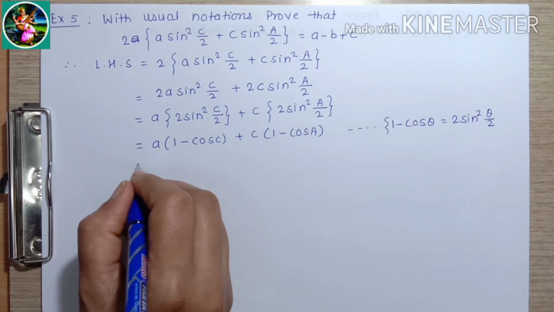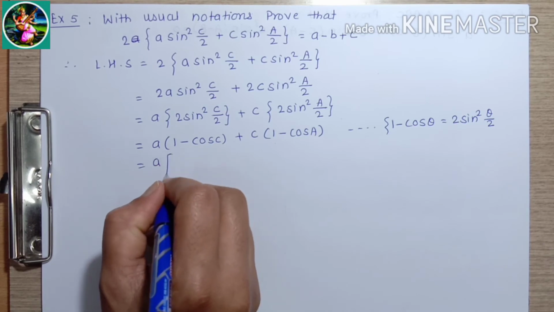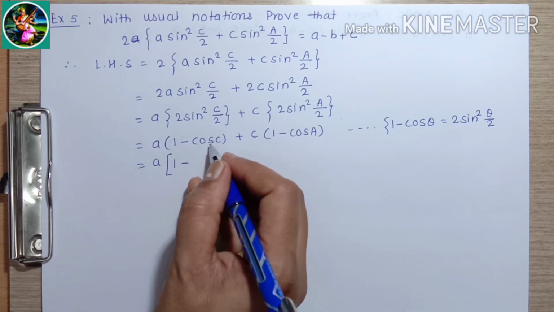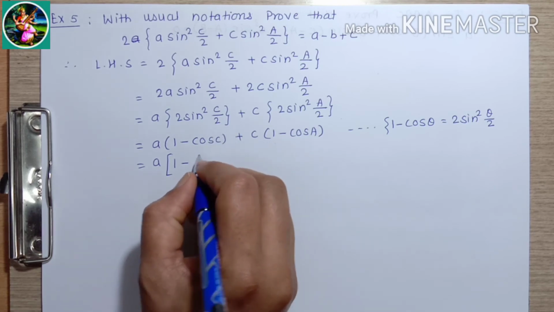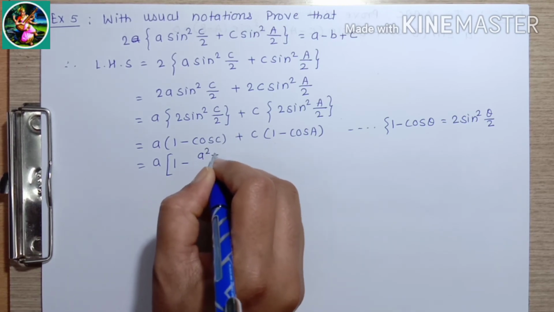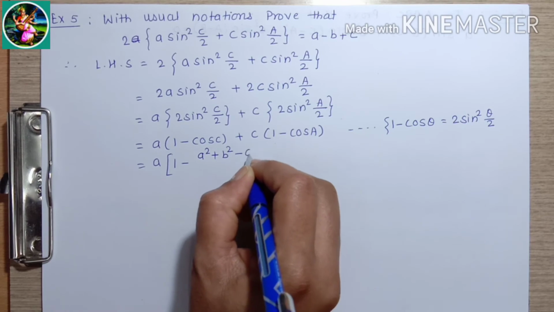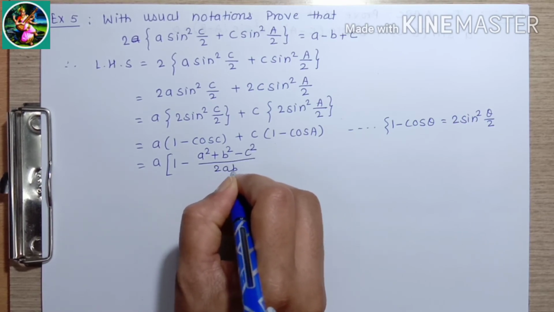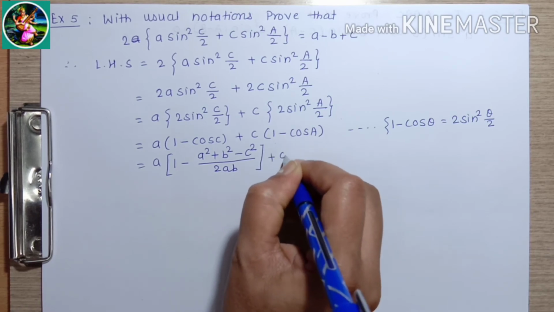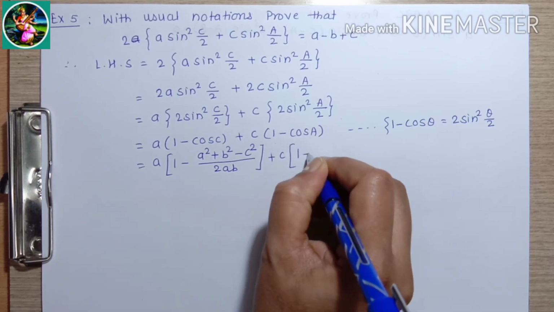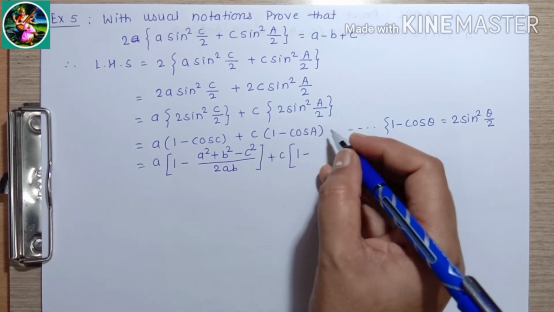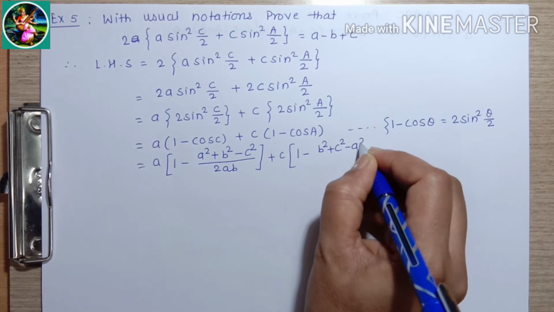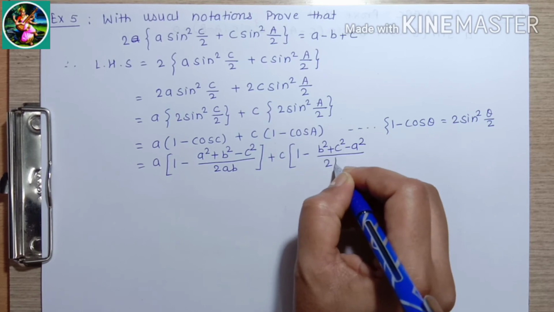Okay, therefore that is A into bracket 1 minus, by cosine rule here we substitute the value of cos C, which is a square plus b square minus c square divided by 2ab, plus C into bracket 1 minus the value of cos A, which is b square plus c square minus a square divided by 2bc.